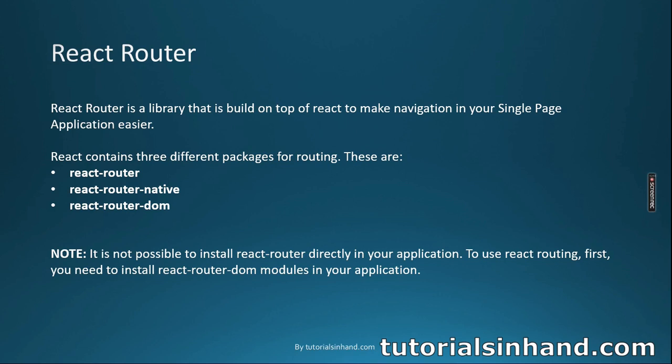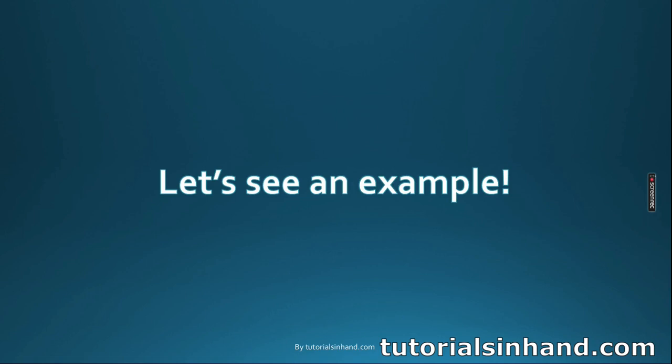To use React routing, first you need to install the React Router DOM module in your application. Once this module is installed, only then can you start working with routing. Okay, we have done enough theory. Let's go to VS Code and understand by an example.